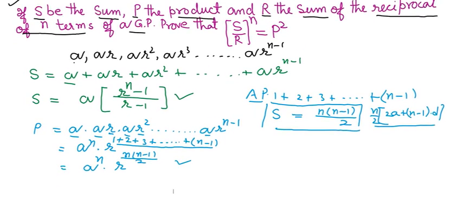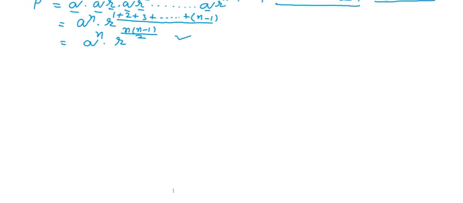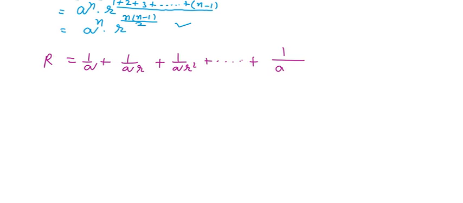Now see the third case. R is the sum of reciprocals. So R may be written as 1 by a plus 1 by ar plus 1 upon ar square plus and so on plus 1 upon ar raised to the power n minus 1.